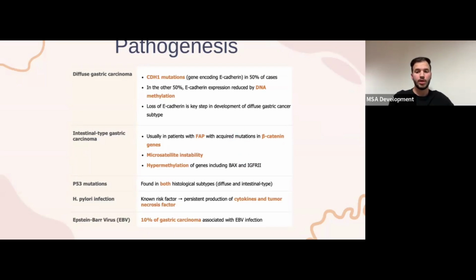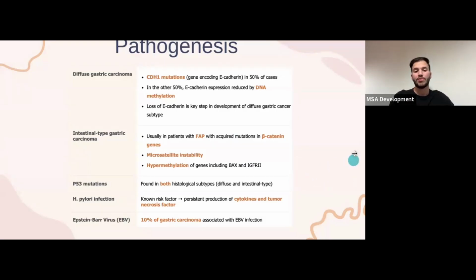So we have deactivation of the apoptotic gene BAX and activation of IGFR receptor 2, and the outcome is hyperproliferation.